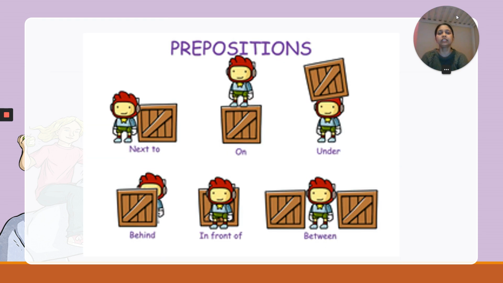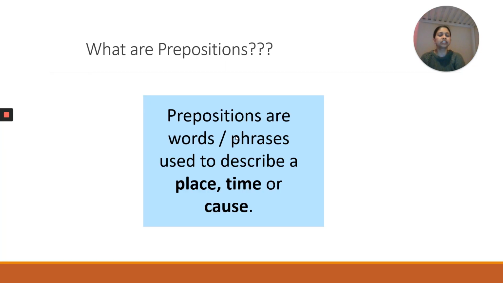Okay? So these are some examples of prepositions. You've got next to, on, under, behind, in front of, and between. So first we need to know what these prepositions are and when we use them. Okay, so what are prepositions?